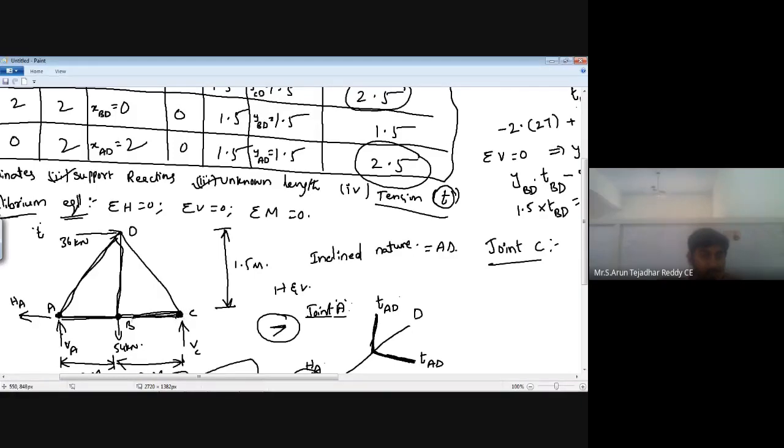From C to B, one member is acting. C to D, one more member is acting. It means 2 members are acting at the joint C, CB and CD.